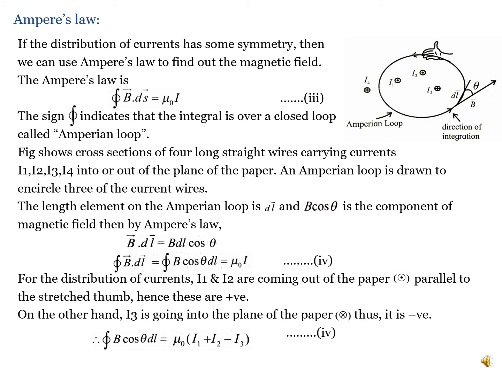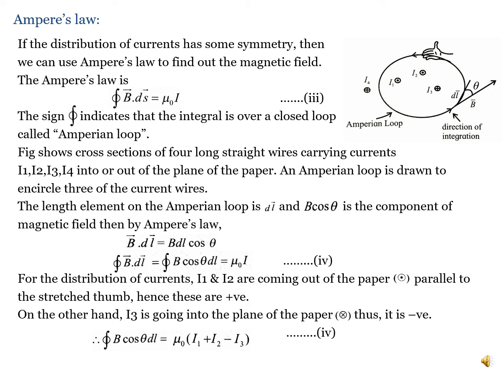Similarly, here we have to assume a closed Amperian loop to find the integral. Now let us come to the diagram. The direction of current is perpendicular to the plane of paper. B bar is in the plane of paper even if its direction is unknown. The length element on the Amperian loop is dl bar.